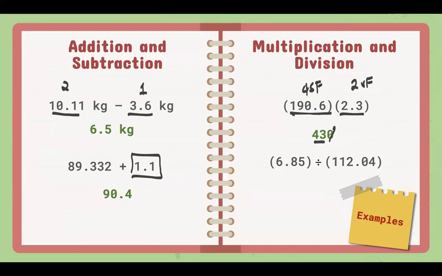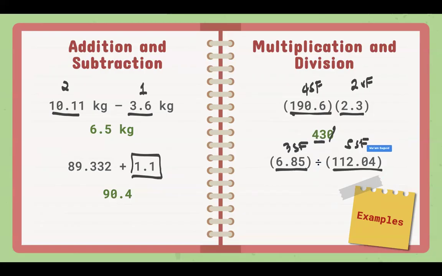Last, we have 6.85 divided by 112.04, and you will get a long number on your calculator, somehow 0.606113888 something, right? Now, knowing that we have to follow the least significant figures, for 6.85 we have 3 significant figures, and for 112.04 we have 5 SF.